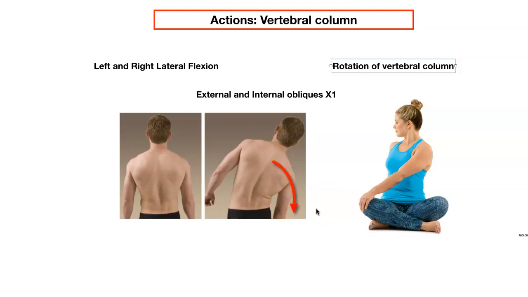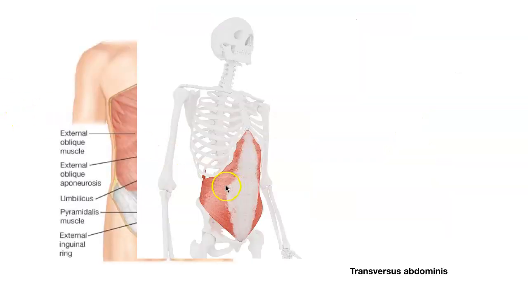And the transversus abdominis, I'll talk about it now. The transversus abdominis really is not giving you any real movement on the vertebral column. Its main job is to help hold in, compress the abdominal cavity, to hold in all those abdominal organs and give support to that abdominal cavity.